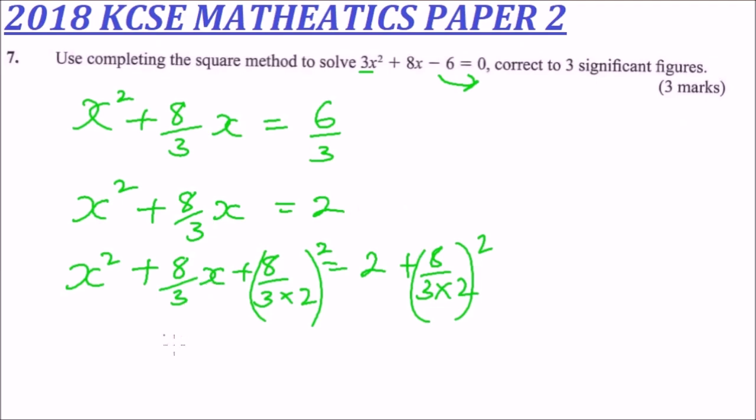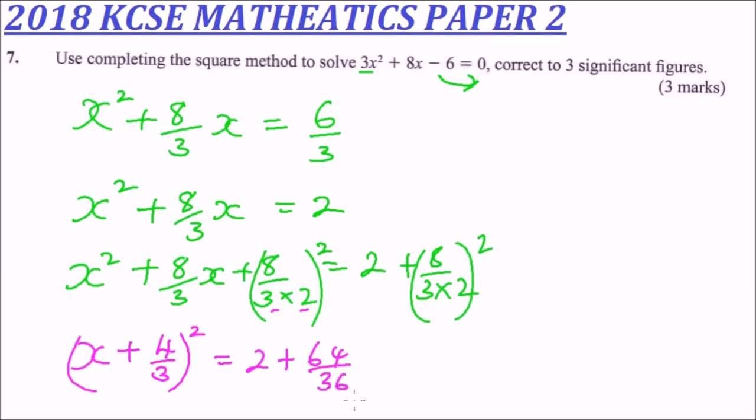From there, 3 times 2 is 6, 8 divided by 2 is 4, and 6 divided by 2 is 3. So we have x plus 4 over 3, in brackets squared, equals, when you work this out, 2 plus 8 squared, which is 64, over 6 squared, which is 36.